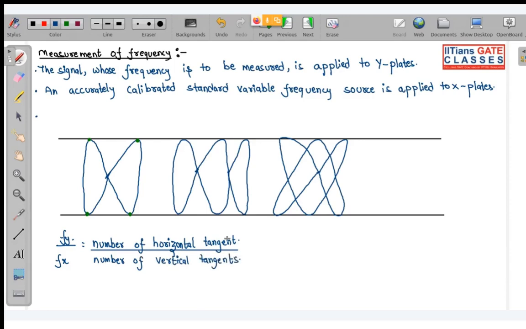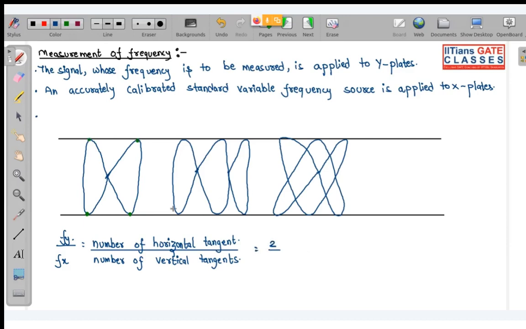Now, what are these? Horizontal tangents means these are all the horizontal tangents. Here you can see the horizontal tangents are two. Either you can take the upper tangent or the lower tangent, divided by the number of vertical tangents.